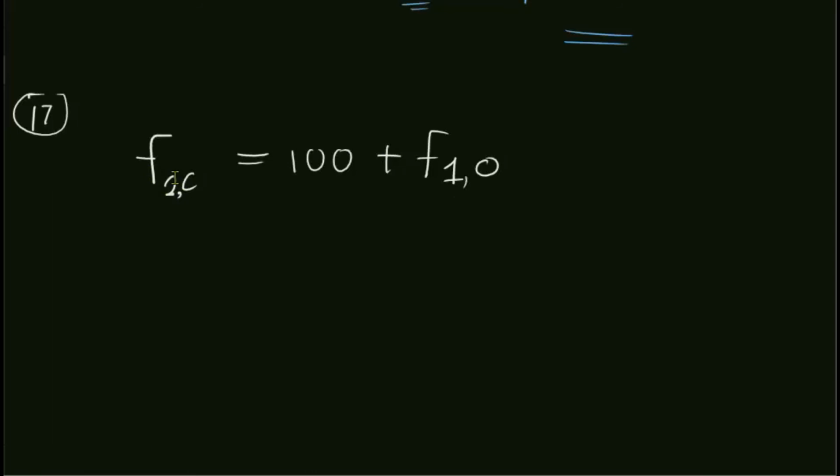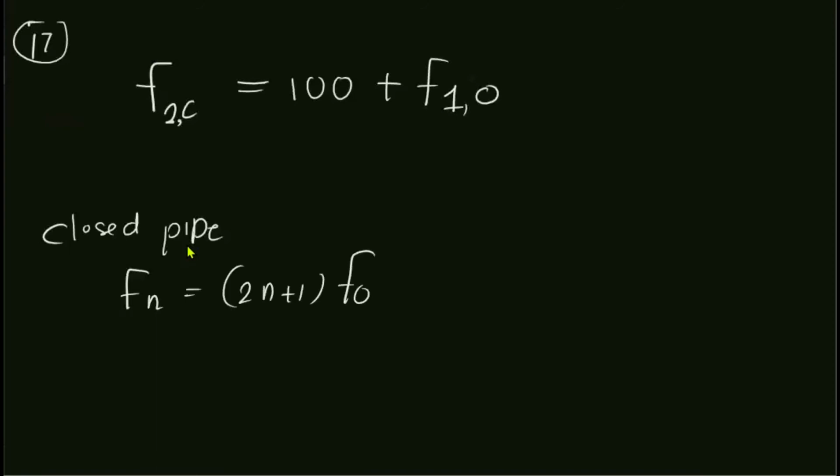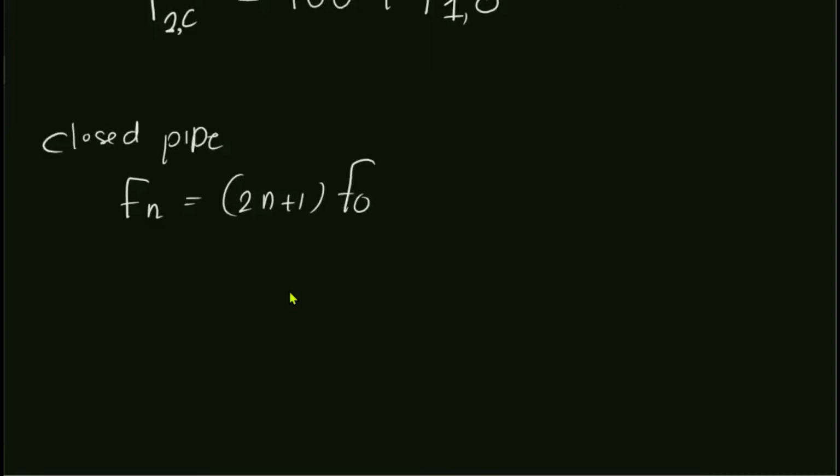So what is F2C? For a closed pipe, you do not have to remember these things, but you need to remember the common equation, 2n plus 1 F naught, right? So for a closed pipe, second overtone is what? F2C. For n apply 2, 5 F fundamental of closed.